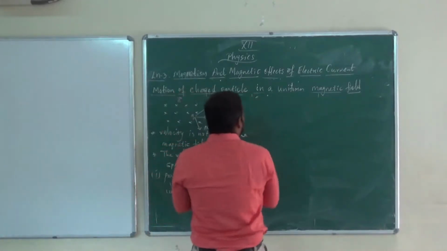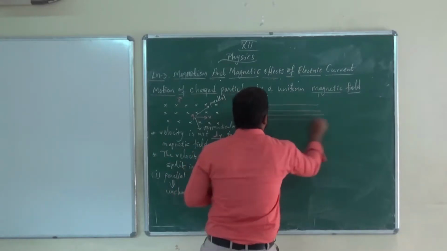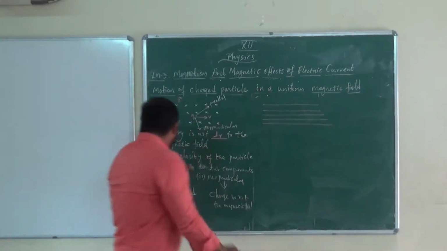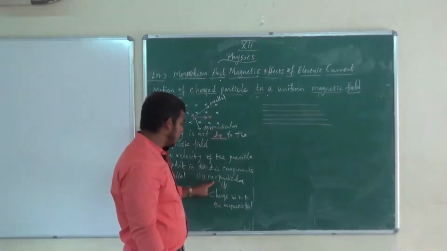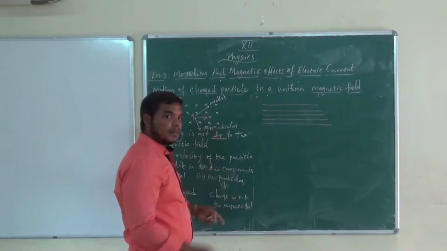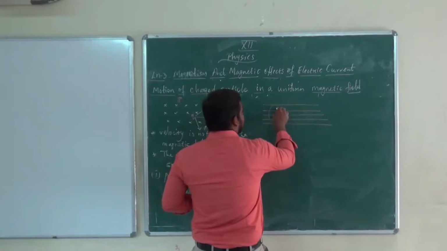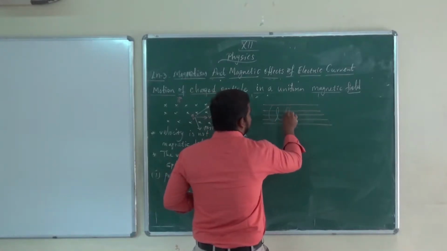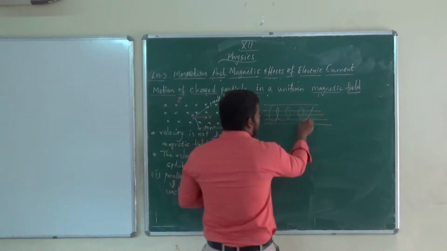See, this is the magnetic field. One component, the parallel one, is unchanged, but the other component, perpendicular to the magnetic field, changes. See how it changes, like that.